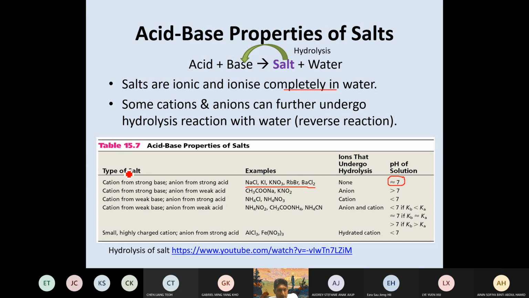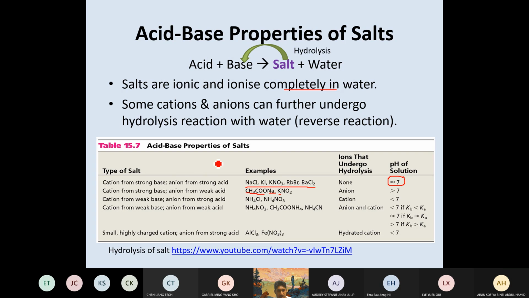If the cation is from a strong base and the anion from a weak acid, sorry. So the cation from a strong base, sodium or potassium, is coming from a strong base, sodium hydroxide or potassium hydroxide. But acetic acid, CH3COO, is coming from acetic acid or ethanoic acid, and they are not strong, they are weak acid.